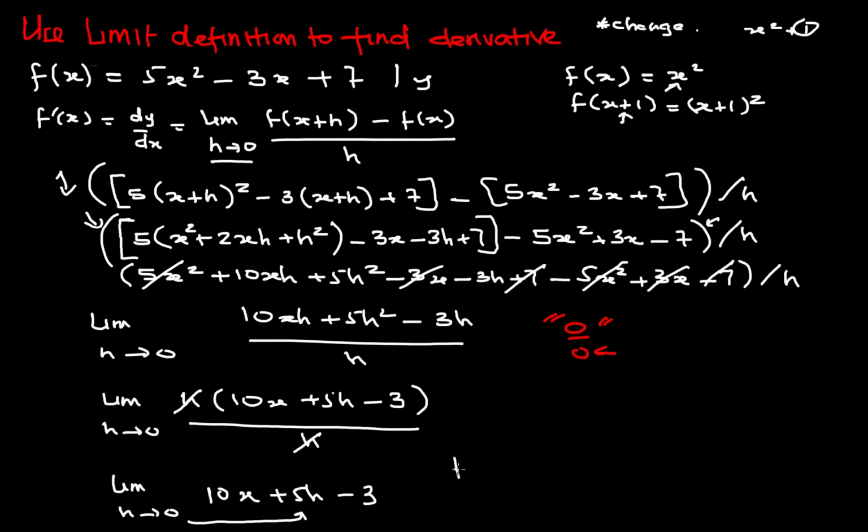So we can say that the first derivative of that function is going to be 10x minus 3. Why? Because this becomes 0. So we can also represent this as dy over dx is equal to 10x minus 3. All right. So this is the derivative of that function here.